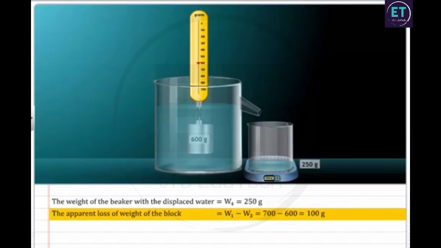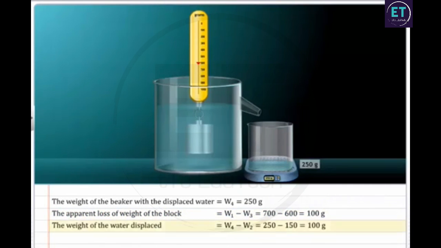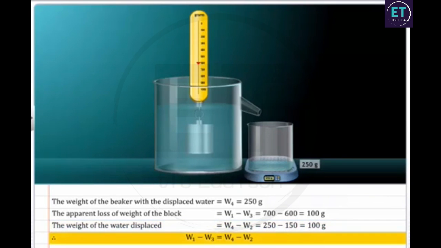The apparent loss of weight of the block is equal to W1 minus W3. This is equal to 100 grams. The weight of the water displaced is equal to W4 minus W2. This equals 100 grams. You can see that W1 minus W3 is equal to W4 minus W2.